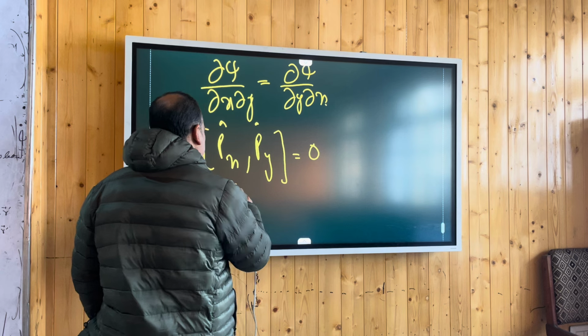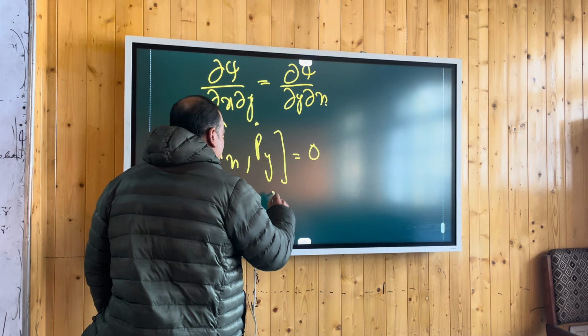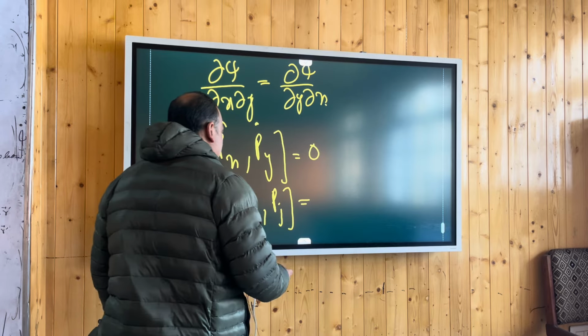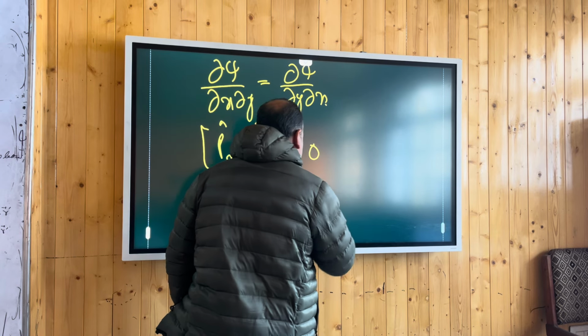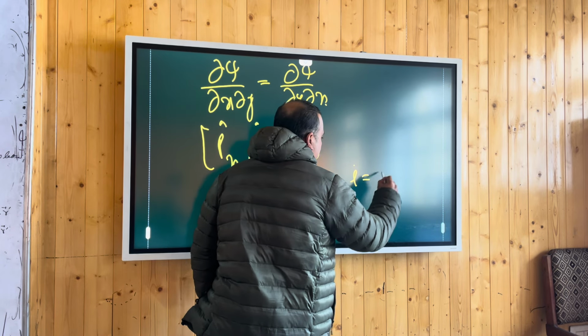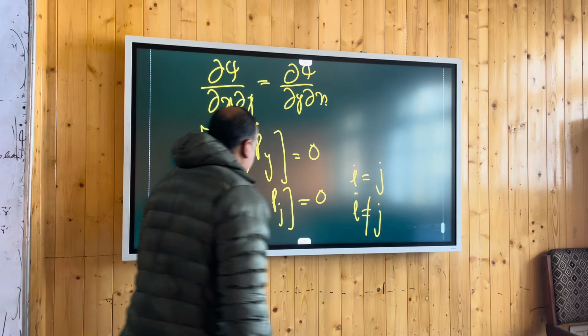So I can generalize it: Pi and Pj commutator equals 0, whether i is equal to j or i is not equal to j.